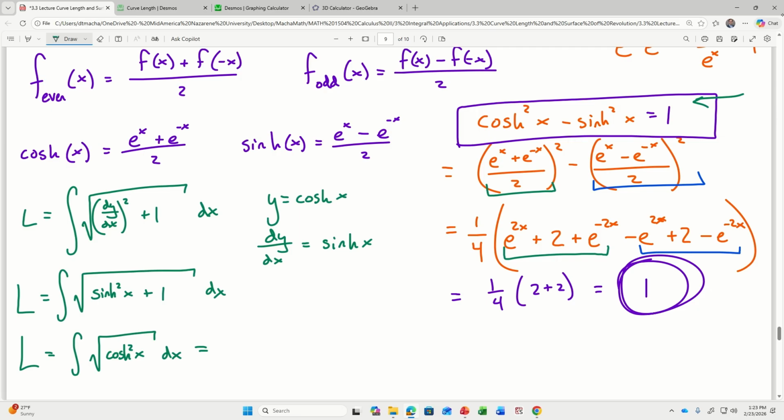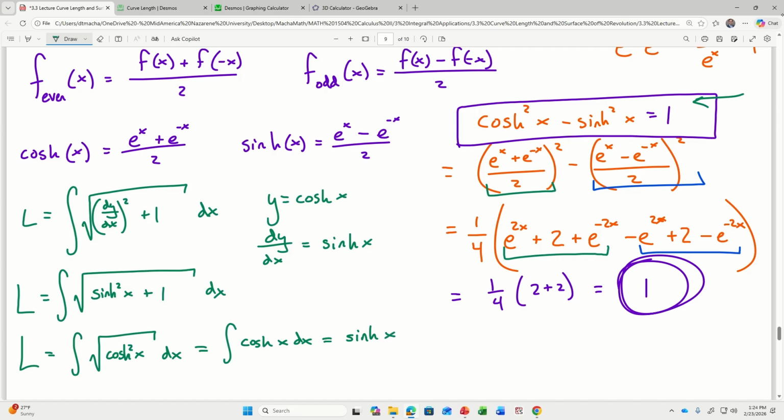The square root cancels the square, and now we're talking about the integral of cosine hyperbolic, which is sine hyperbolic, because these derivatives just flip back and forth.